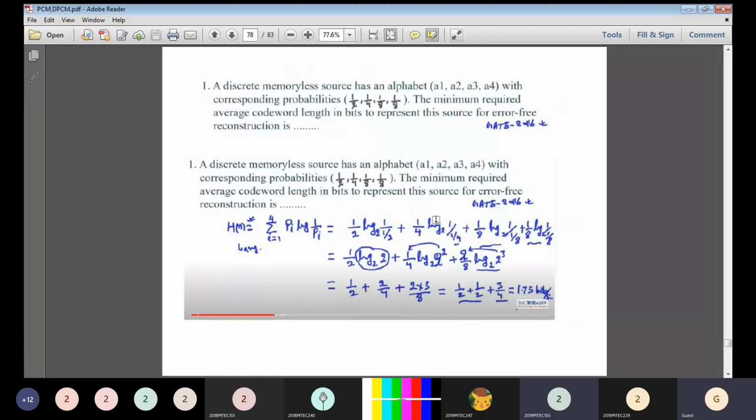Next problem. A discrete memoryless source has an alphabet A1, A2, A3, and A4 with the corresponding probabilities 1 by 2, 1 by 4, 1 by 8, 1 by 8.